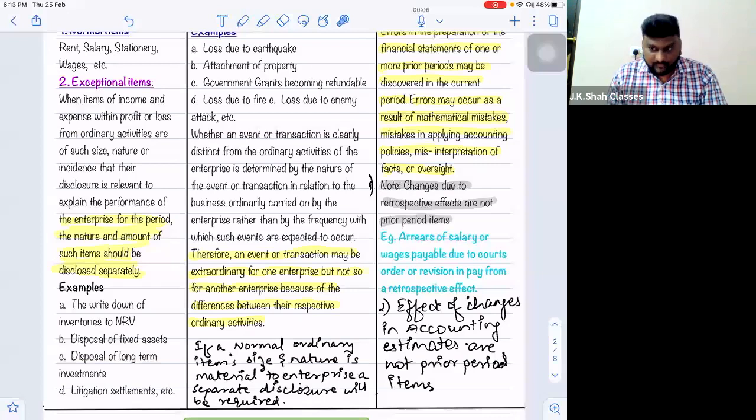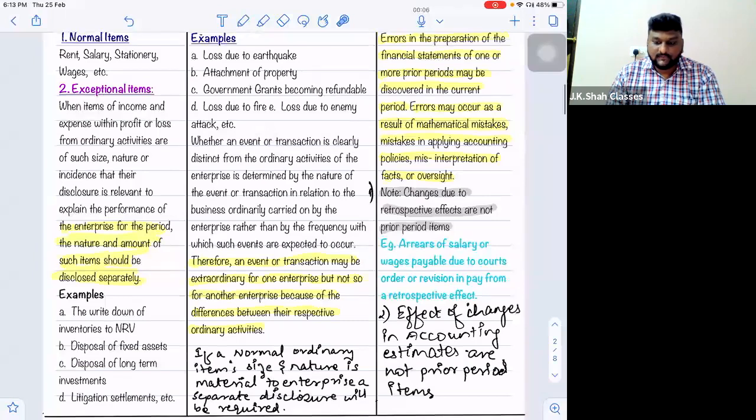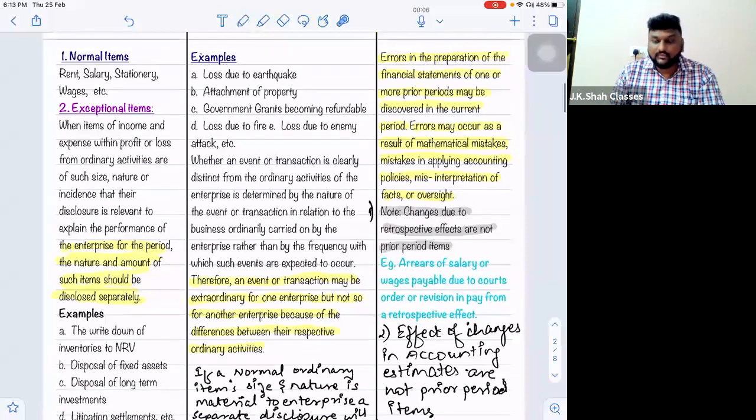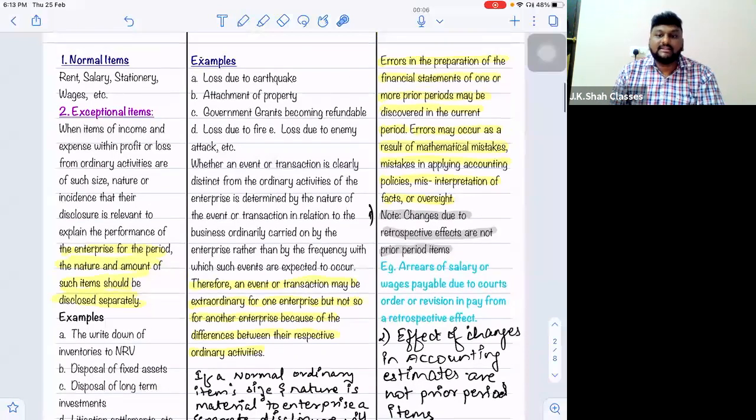But if you are not doing any trading or speculative transactions with respect to shares or securities, but you have started to do so, then at least for 1 or 2 years, those transactions can be considered as an exceptional item. Else it will be a normal item. If you're normally doing these transactions, then these are not exceptional items for you, unless the size is too high.